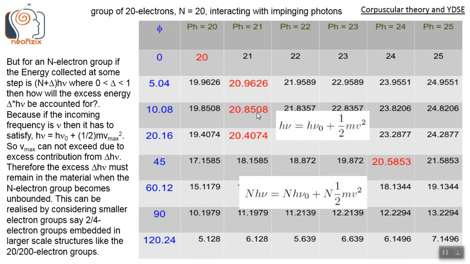Because if the incoming frequency is nu, then it has to satisfy this photoelectric effect equation, and so the Vmax cannot exceed due to excess contribution from h nu.